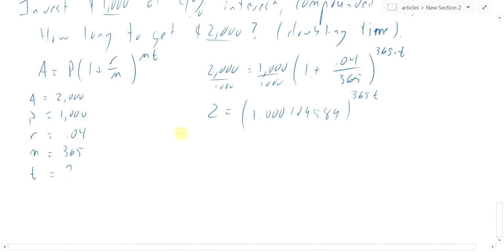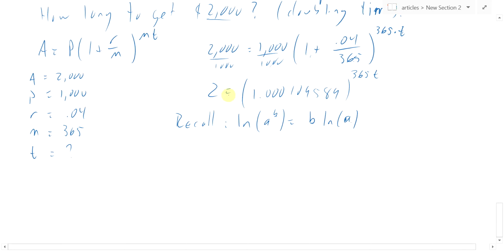And so remember, or recall, one of our log rules, in fact a very useful one: ln of A to the B is B ln of A. I can take a power and pull it out front if I take the logarithm of it.